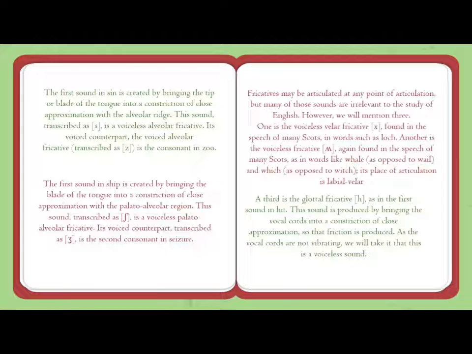The first sound in sin is created by bringing the tip or blade of the tongue into a constriction of close approximation with the alveolar ridge. This sound, described as s, is a voiceless alveolar fricative.